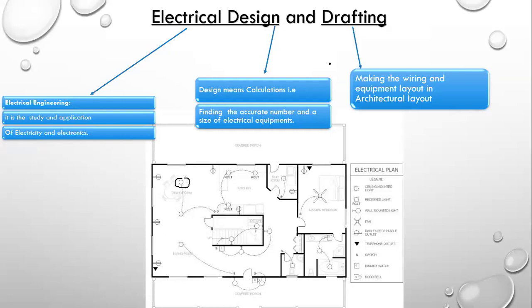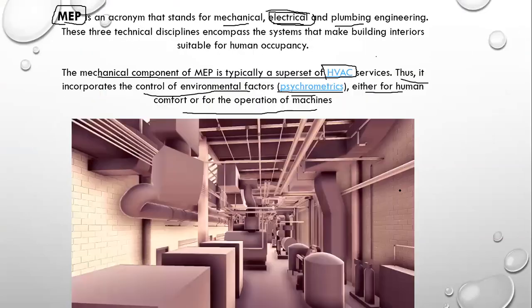Sir, is plumbing also involved in HVAC? No, plumbing is not involved in HVAC. That is a separate field. See, MEP, one second, I'll show this MEP again. MEP consists of three things: mechanical, electrical, and plumbing. In mechanical comes HVAC. Remember this thing.